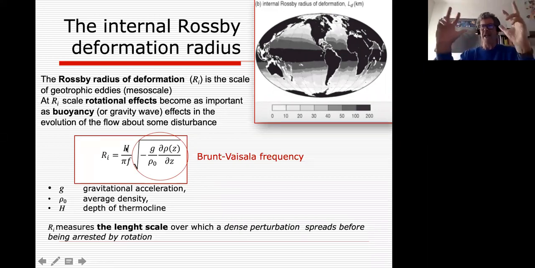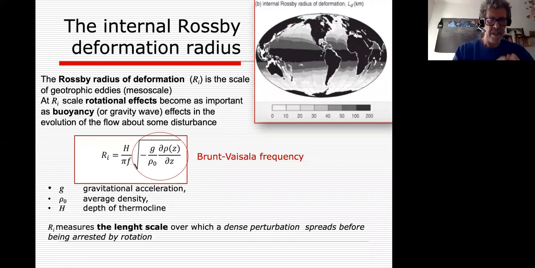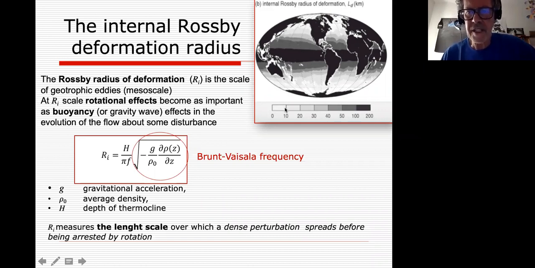The three elements determine the Rossby radius value. Looking at this image, you see that the range is between 10 and 200 kilometers, and we have a very prominent zonal structure. The highest is at the equator or in the off-equator tropical area, and the minimum at the surface.